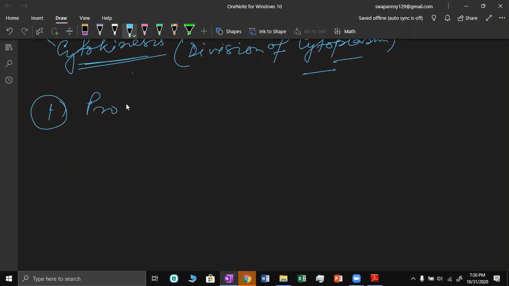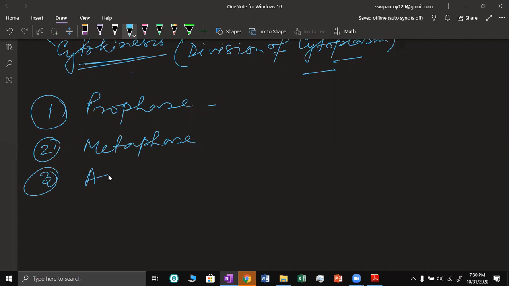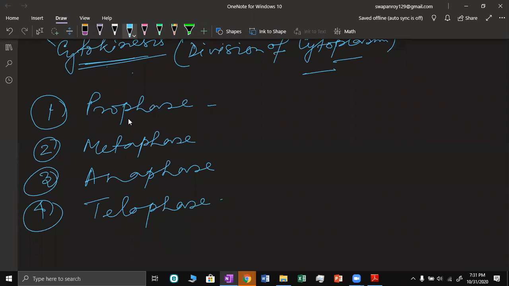One is called prophase, number two metaphase, number three anaphase, number four telophase.